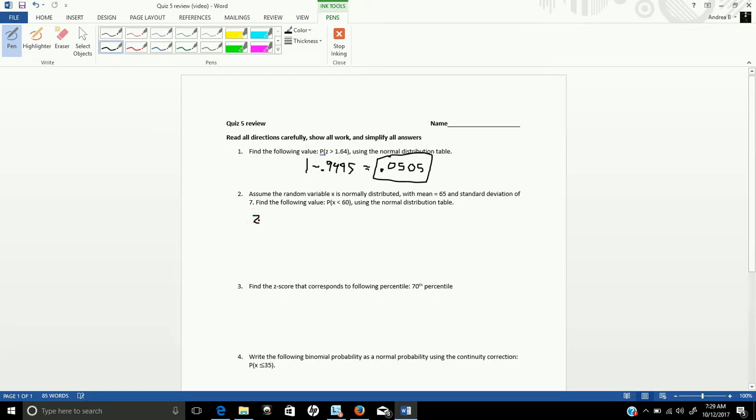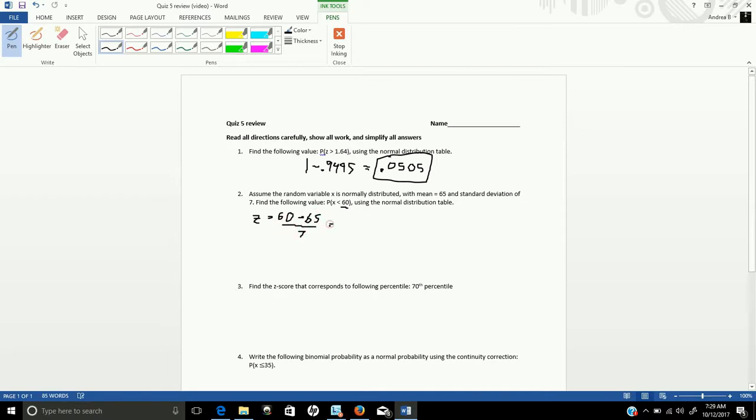But here we have z equals, remember you do your value. So in this case, we're looking for x being less than 60. So 60 is your value, and then minus the mean, divided by the standard deviation. Value minus the mean divided by standard deviation.